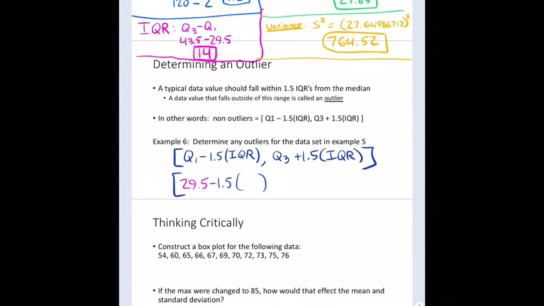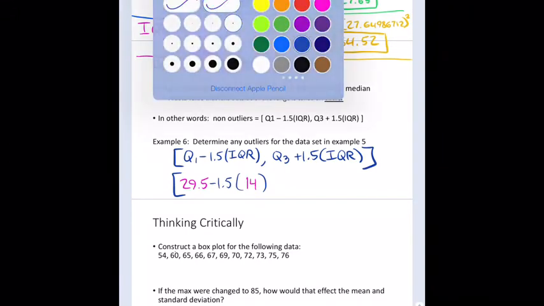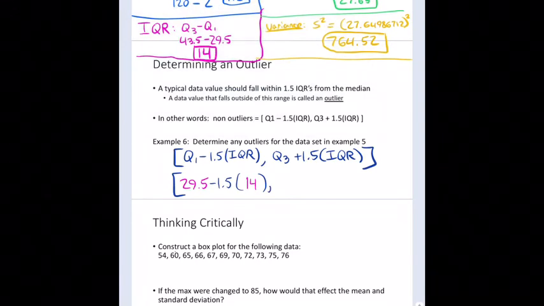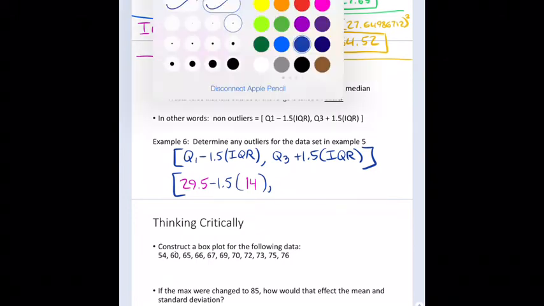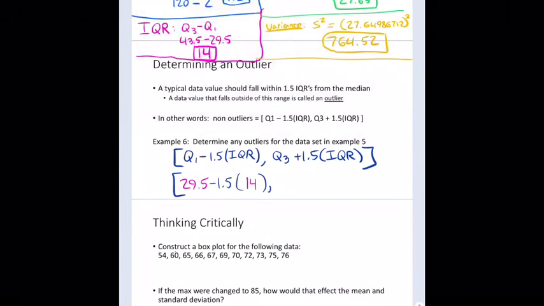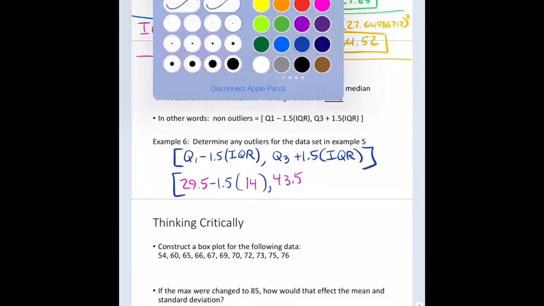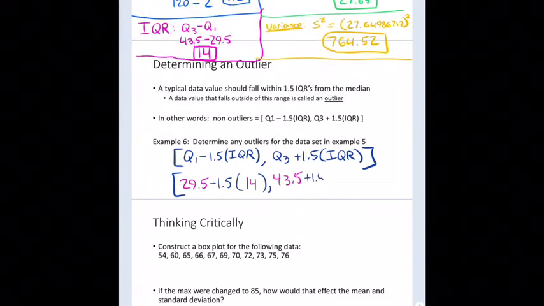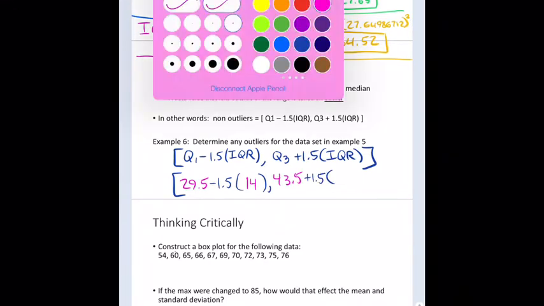Remember right here, our IQR was 14. So our IQR is 14, that goes here. And then we're going to go and put in Q3, which is 43.5, plus 1.5 times our IQR, which is the same number it just was, 14.